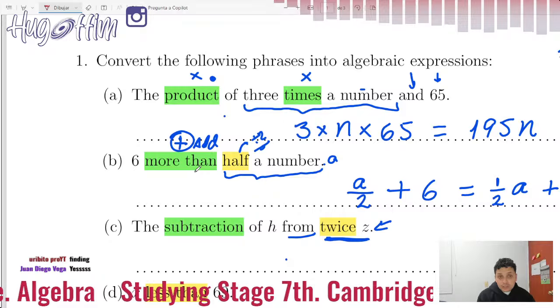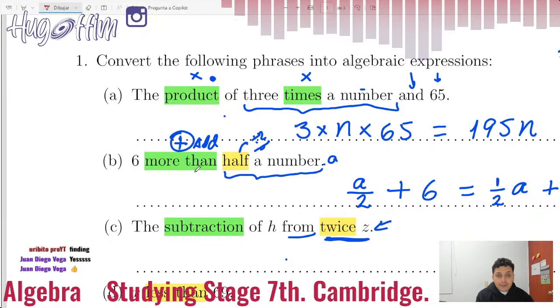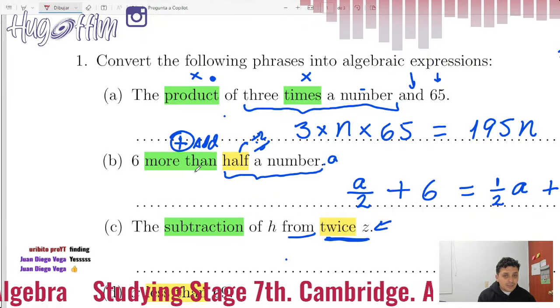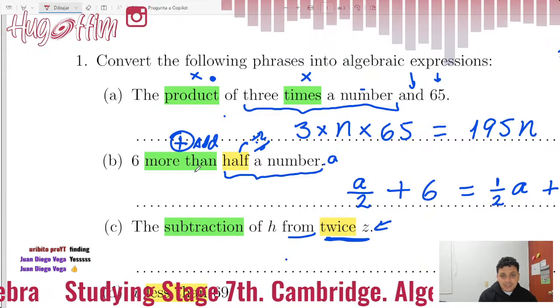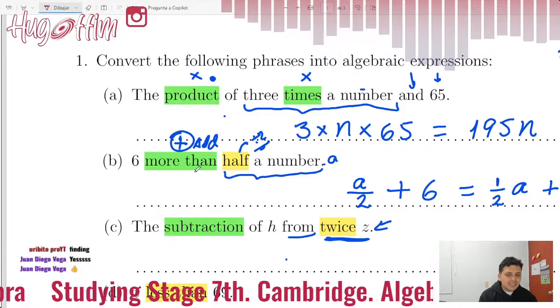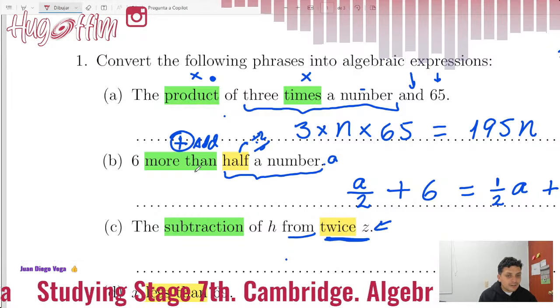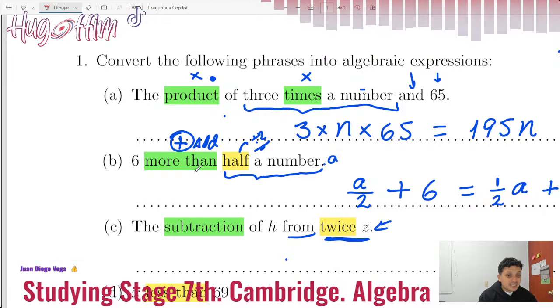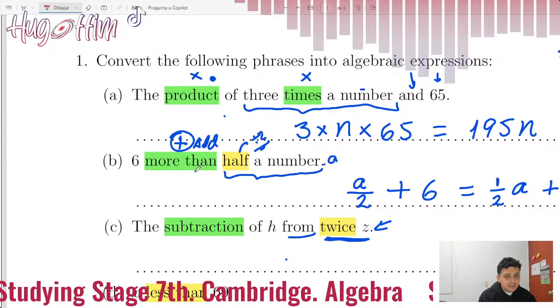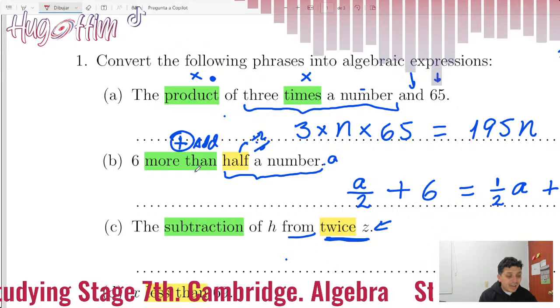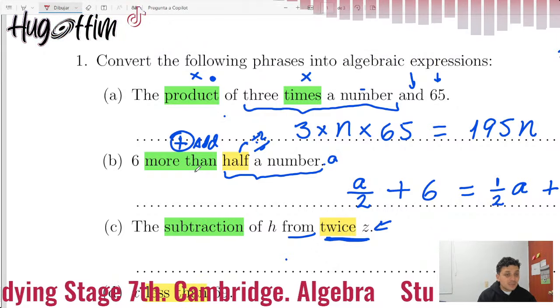If I say the product means times, of 3 times a number, it means 3n, and 65, so it means 3 times n times 65. In this case, we need to multiply 3 and 65. If it said 6 more than half a number, it means a divided by 2, because it's half a number, plus 6, because it says more than.